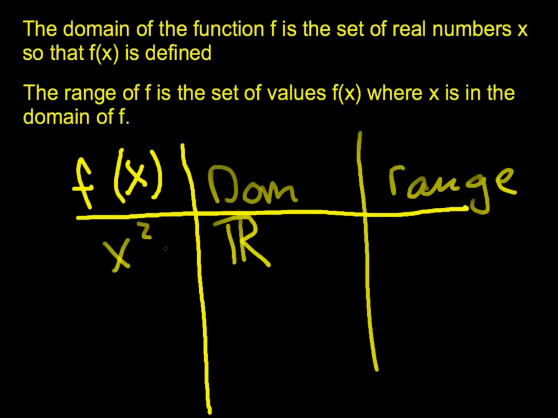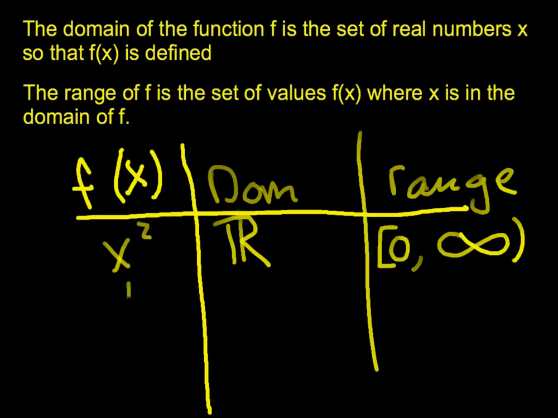Well, we know something about x squared. If we take a number and square it, it will always be positive. So we can't have negative numbers in the range. And in fact, we would have all numbers including 0, since 0 squared is 0. And then we would get to every single other positive real number. So the range would be from 0 to infinity, including 0.